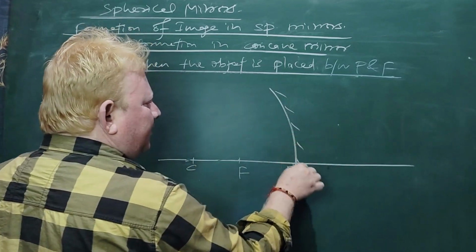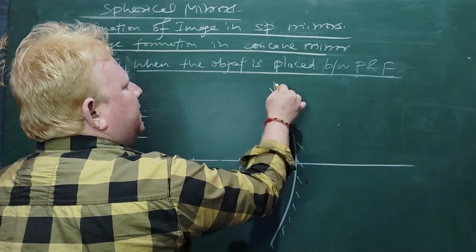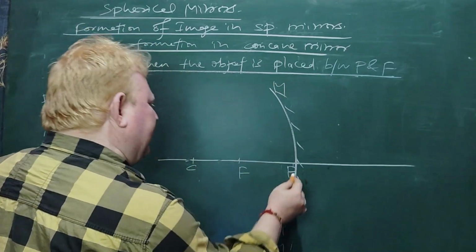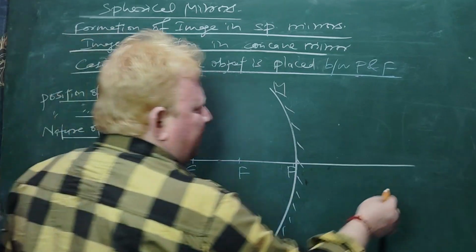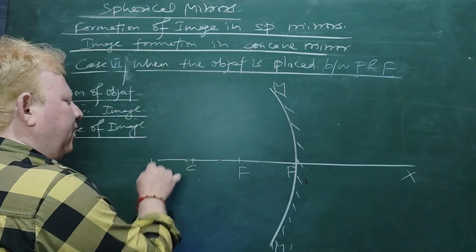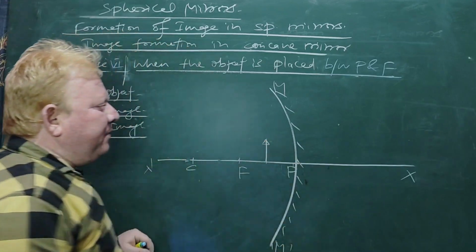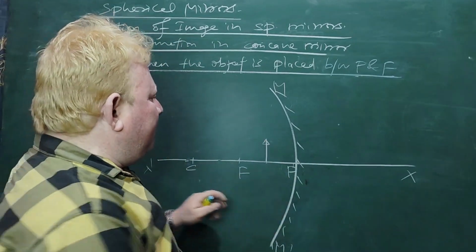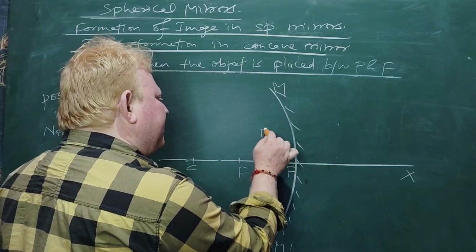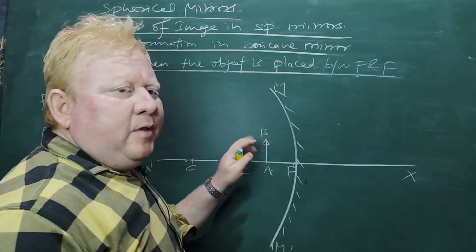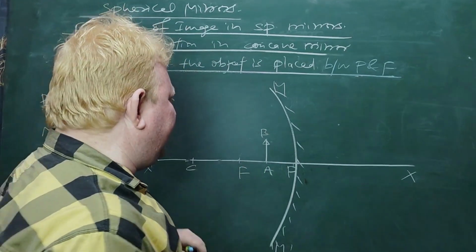Okay, see, so this is a concave mirror, and this is pole P, focus F, center of curvature C, and principal axis x. So let me consider one object being placed in between P and F somewhere, which is AB. Let us see after reflection where the light rays from this object meet.